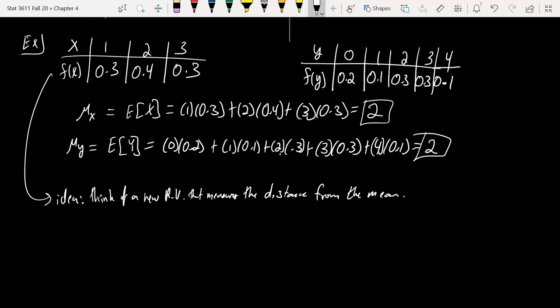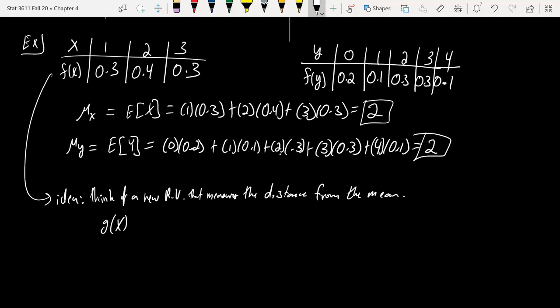So what are the possible distances from the mean if the mean is 2? I could be 1 away from the mean, either 1 to the left or 1 to the right. Think of it as a new random variable, g of x.